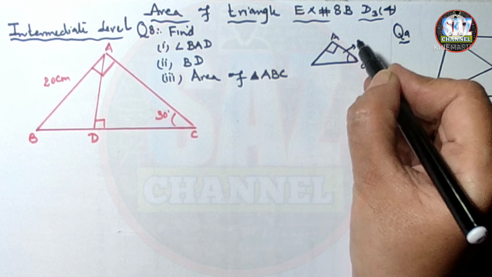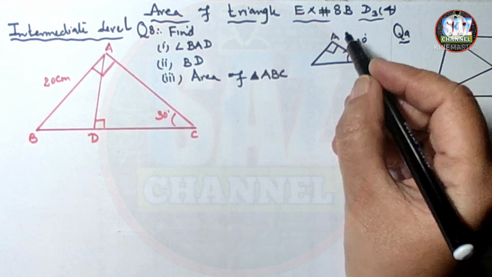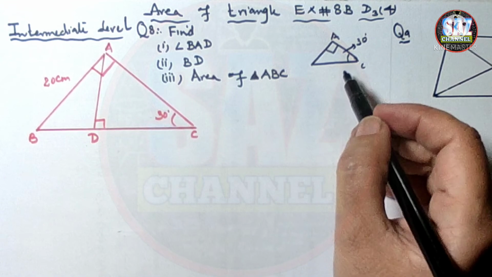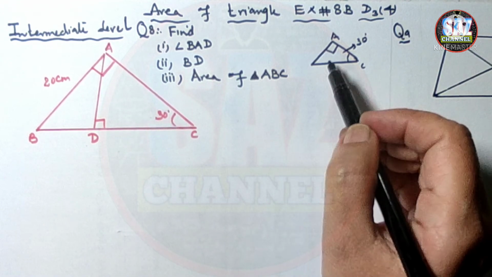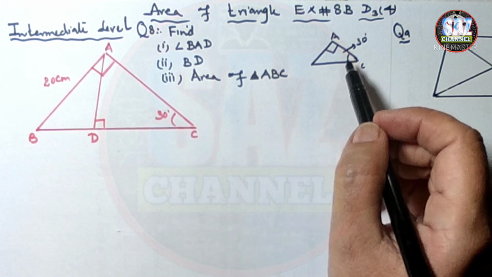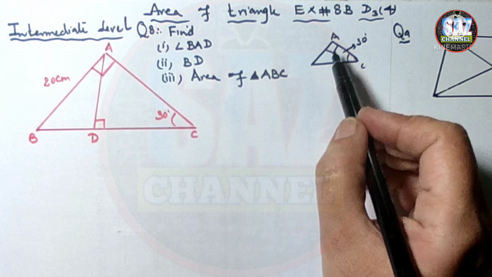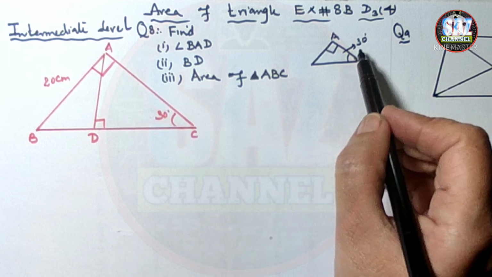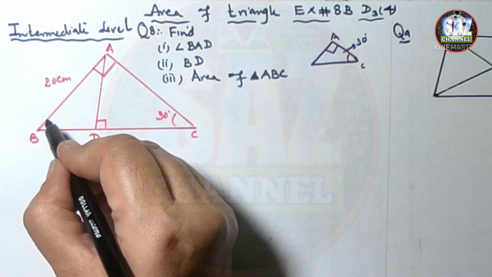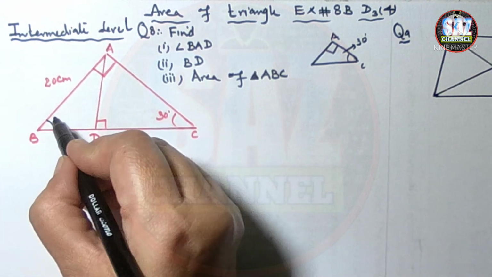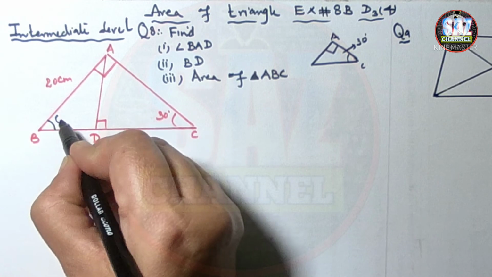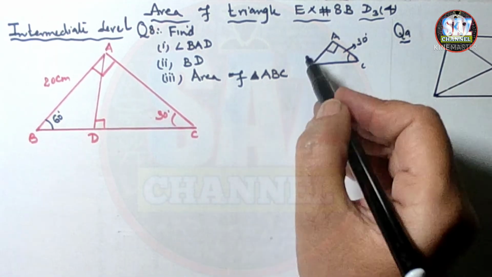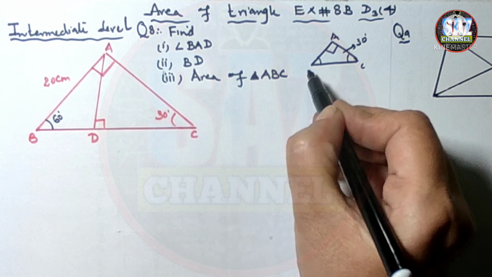If we want to find the angle at vertex B, we can easily find it by using the property that the sum of interior angles of a triangle is 180 degrees. So when I take 90 plus 30 away from 180, that is 120, and this angle will become 60 degrees. I hope, students, you are clear how we are finding angle B.